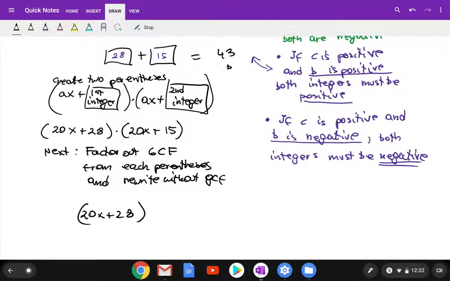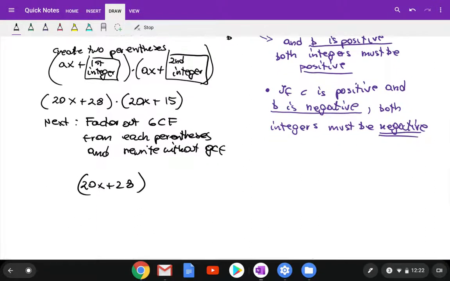That's your first parenthesis. Here the GCF, it's 4. 4 can divide 20, 4 can divide 28. So we write that as 4 times 5x plus 7. And what we're going to do, you're going to ignore that GCF. So that's the algorithm of factoring using AC method.